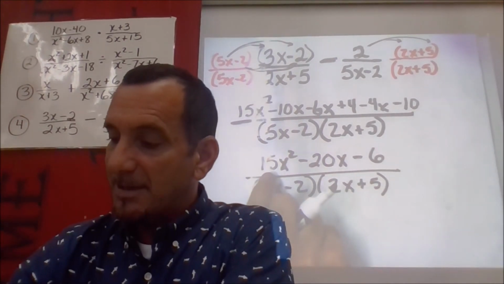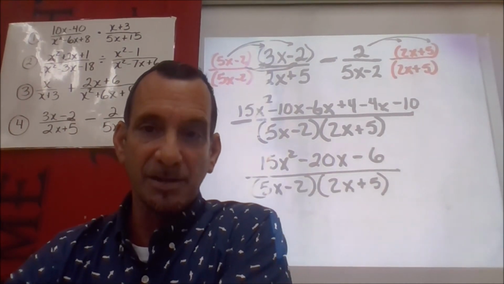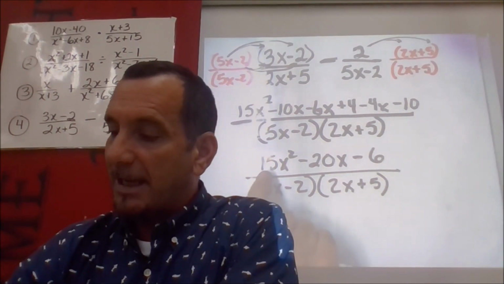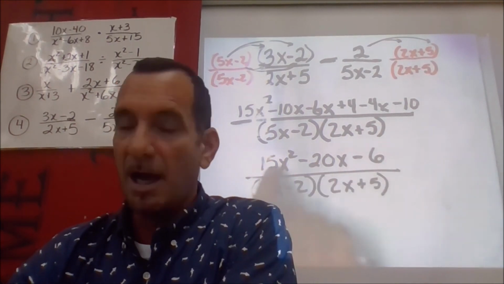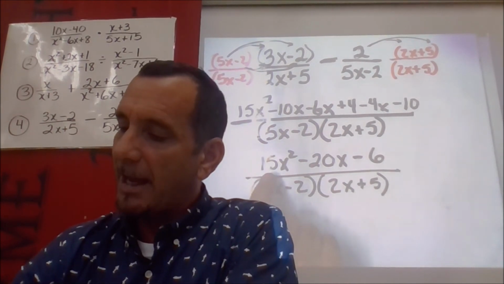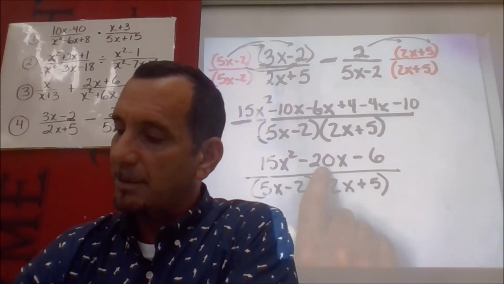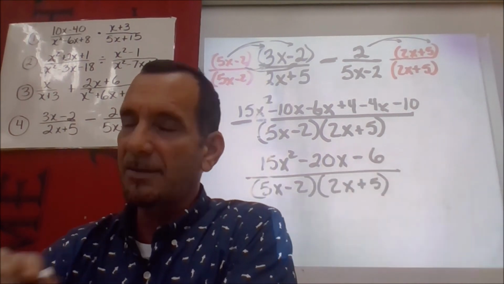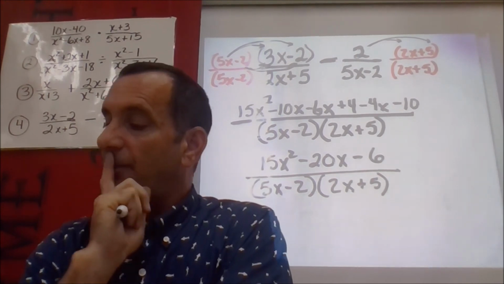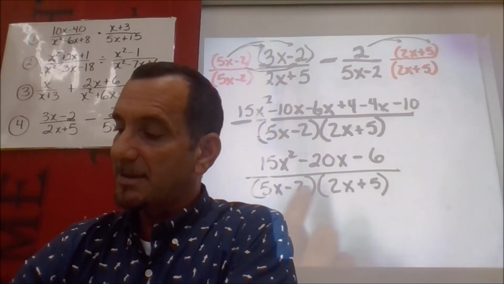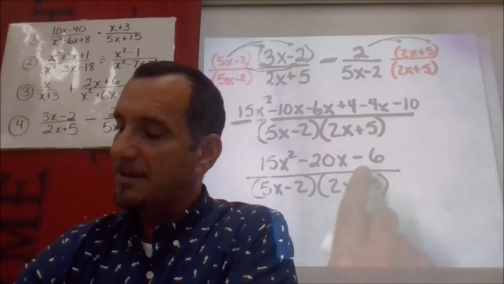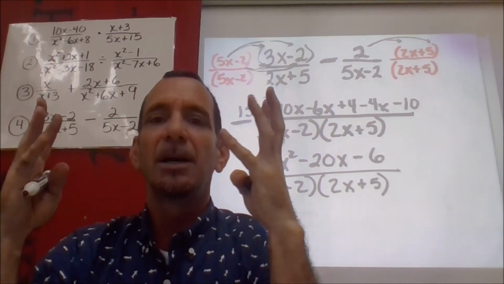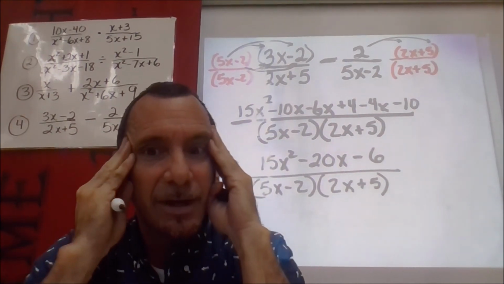First of all, I've got this large coefficient in front of the x squared, and I know that's going to be a very difficult factoring problem if I can't find a greatest common factor. Can I find a greatest common factor between these numbers, the 15, 20, and the 6? I really can't, because 15 and 6 can be divided by 3, but 20 can't. At this point, I'm going to start asking myself questions. I'm not going to say, oh, I can't factor it.